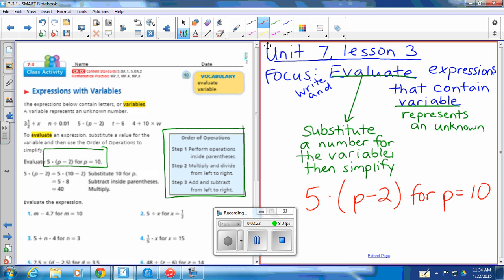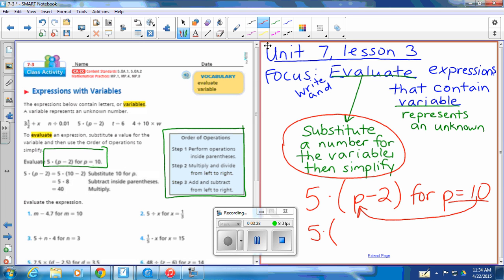Okay, and we want to evaluate for p equals 10. So in order to evaluate, we have to substitute a number for the variable. So here's the number we're going to substitute, and we're just going to plug that in wherever we see the letter p. So 5 times (10 minus 2) is our new expression.